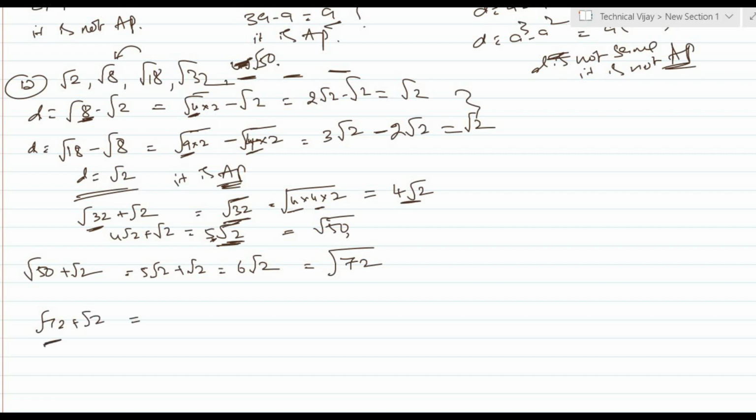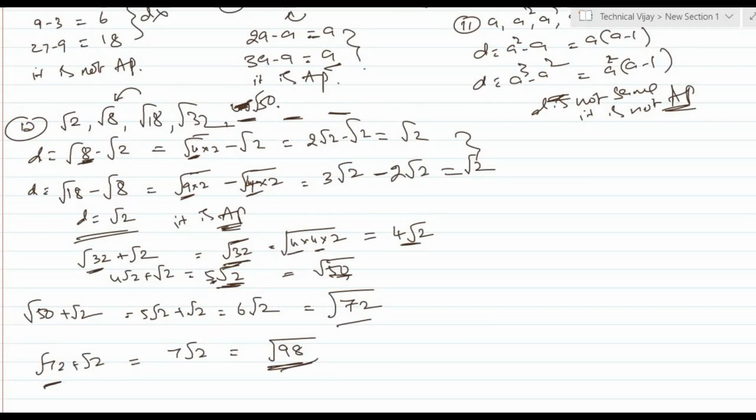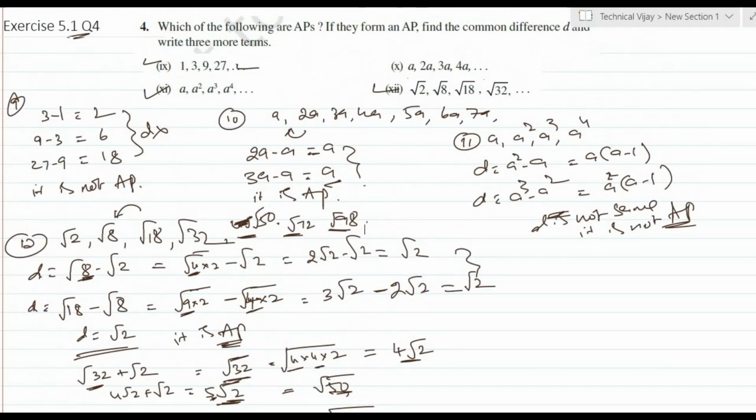This is root 72 will be 6 root 2 plus root 2. This is 7 root 2. So which is equal to 7 7 49. 49 into 2, that is 98. Okay, root 98. Root 72, root 98, and this is root 50. So these are the 3 terms. Root 50, then root 72, then root 98. Okay, we'll go for next one.